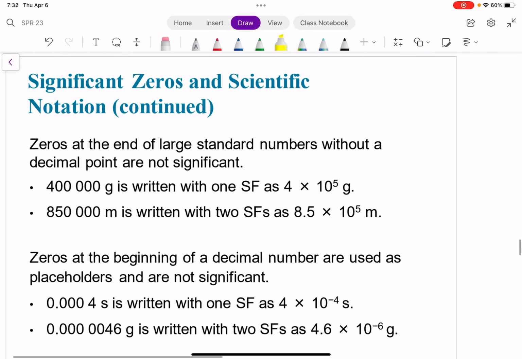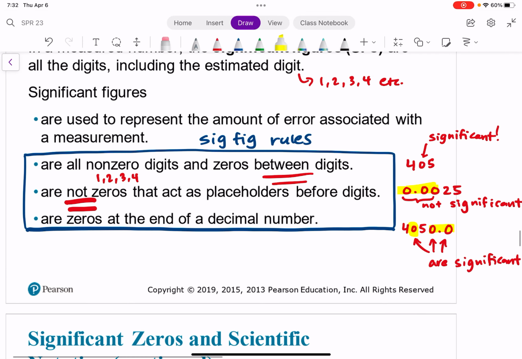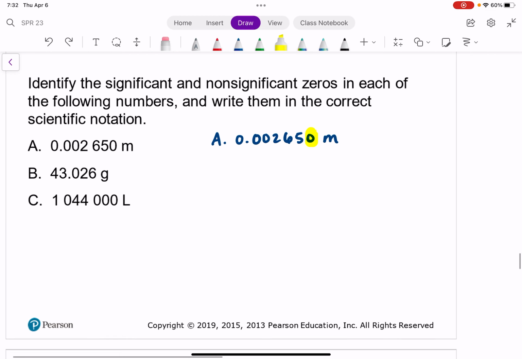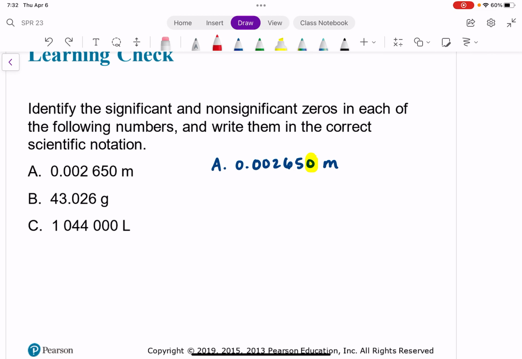So if we go back up here, significant figures are zeros at the end of a decimal number. Okay, so that 0 is significant. So let's say significant.